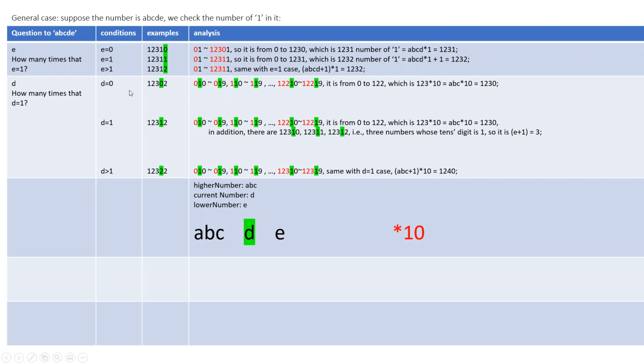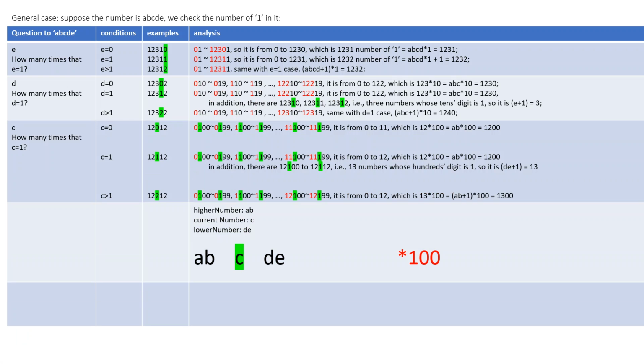And when d is 0, it does not relate to e actually. When d is 1, it actually depends on e plus 1. When d is larger than 1, it again does not depend on e anymore. So only when d is 1, it depends on the number of e actually. This is the second case. So a quite similar rule.